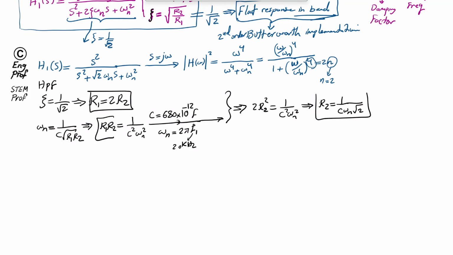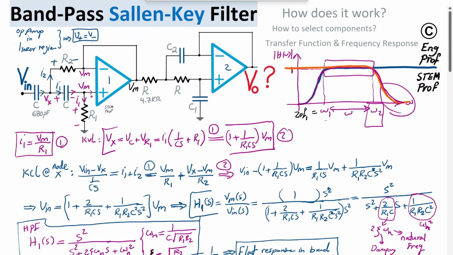So that's how we find R2, and then we find R1 as well. R1 is twice that, of course, so root 2 over omega n C. So this is how we find the value of the components in this circuit.